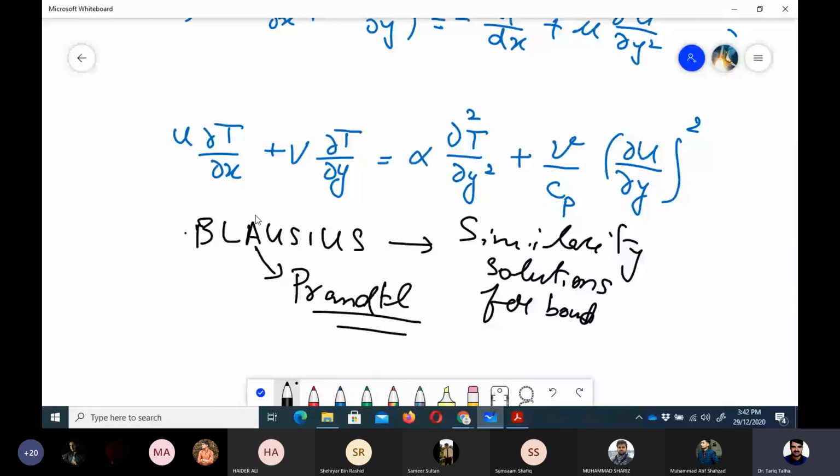Those solutions are given in your book, and you can go through that. We get a third order ODE, and we can solve it by using some iterative methods, Runge-Kutta or anything else. But we are not going in that direction. So this was the analytic solution.